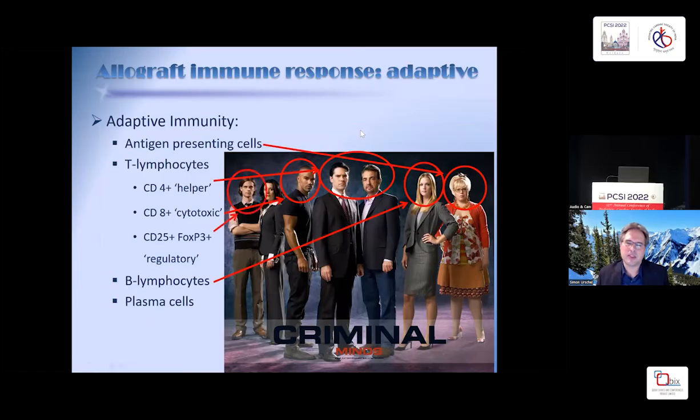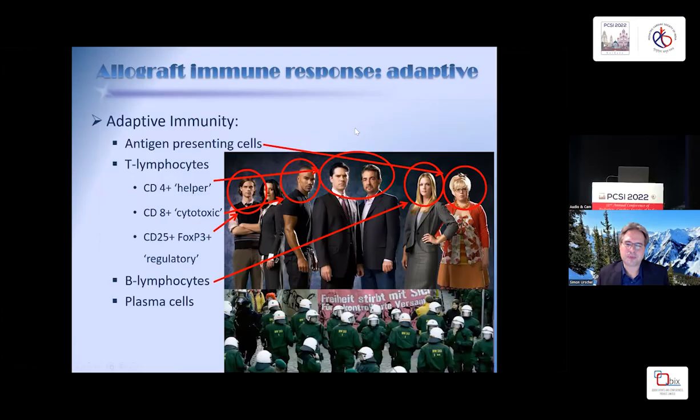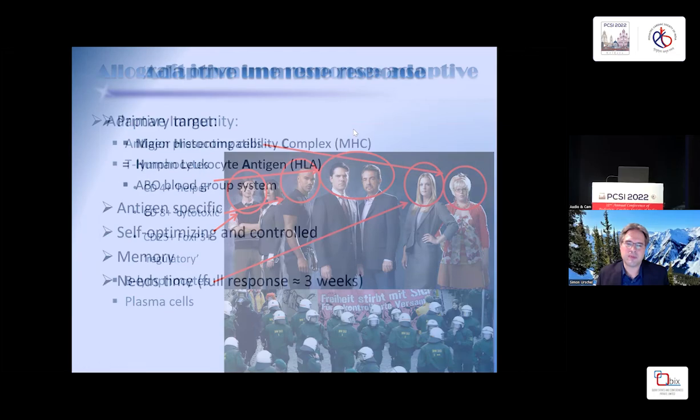And it has somewhere in the background a smart instance that keeps everything from going overboard, the regulatory T cells. And it is important to keep in mind that this part of the immune system very closely works together with the innate immune system, both in terms of diagnostics and finding foreign organisms, as well as in managing them.